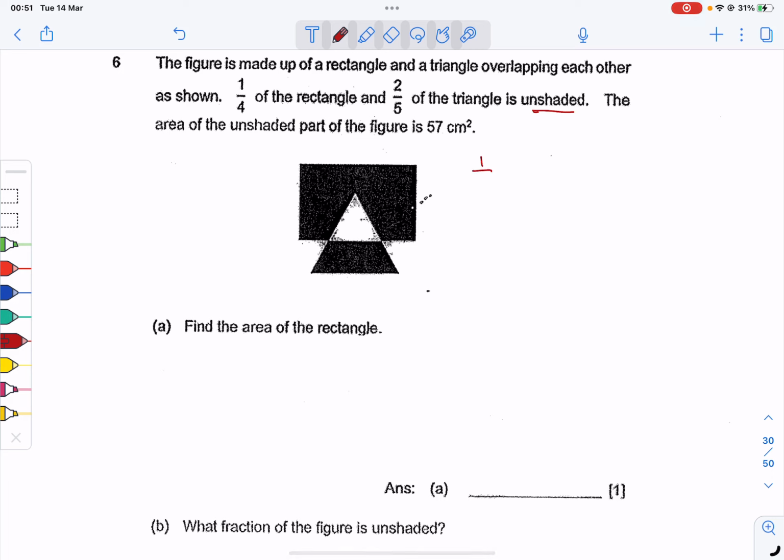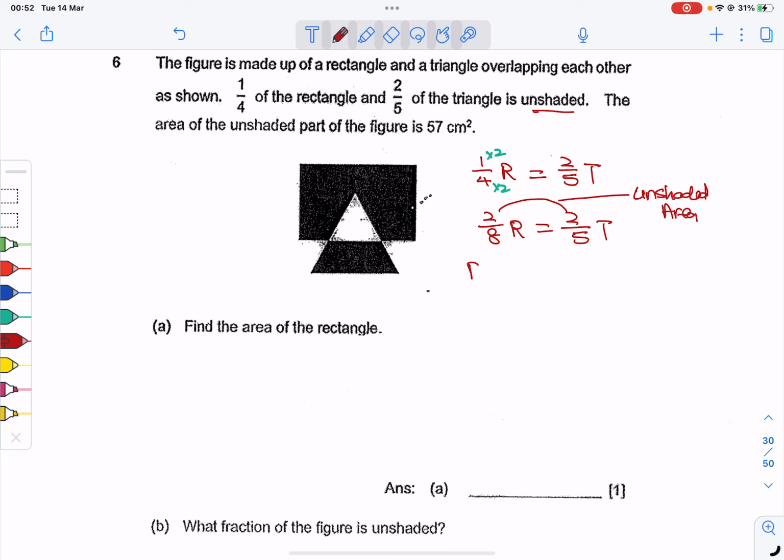So we'll say 1/4 of the rectangle is equal to 2/5 of the triangle, and we'll make the numerator the same. So 2/8 of the rectangle is 2/5 of the triangle. This equal part will be the unshaded area.